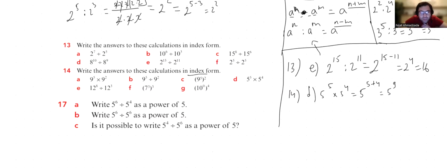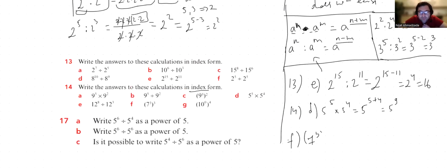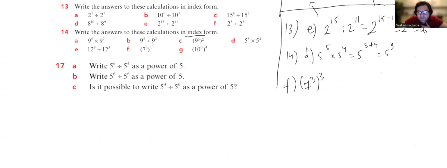Now, guys, question 14, part D we did. Let's look at part F. We have 7 to the power of 3, all to the power of 3. Let's try to understand what it is. So 7 to the power of 3 is 7 times 7 times 7.